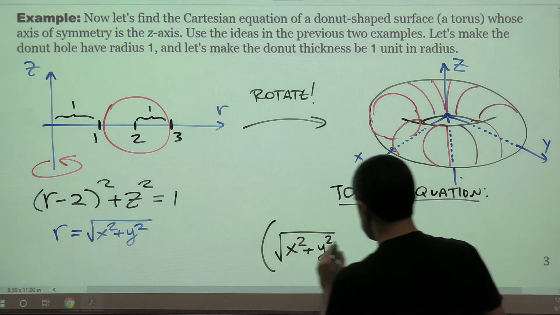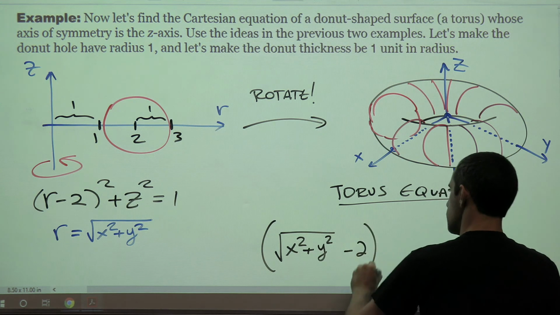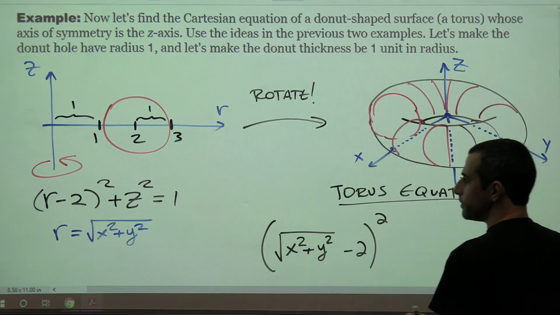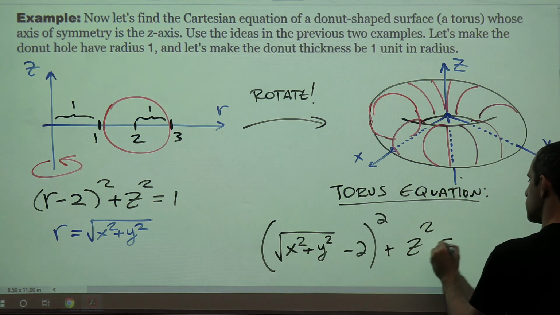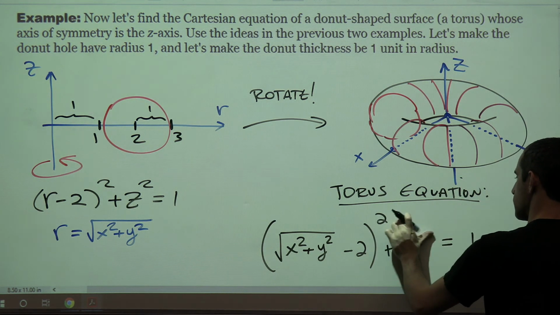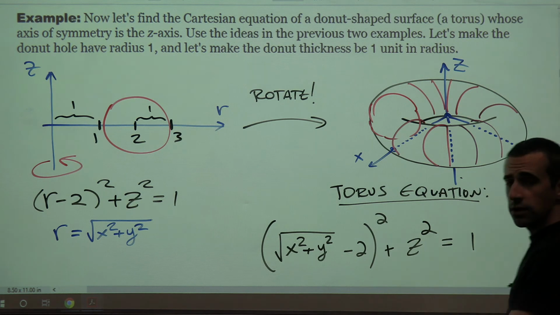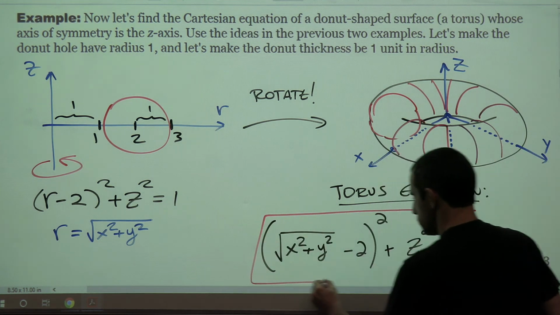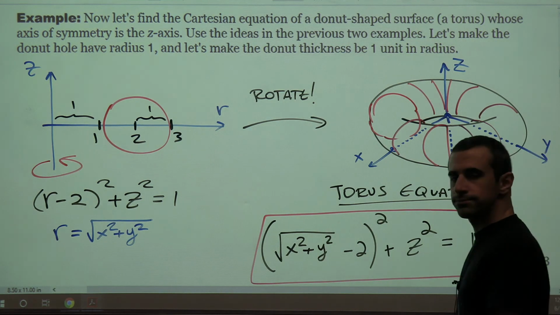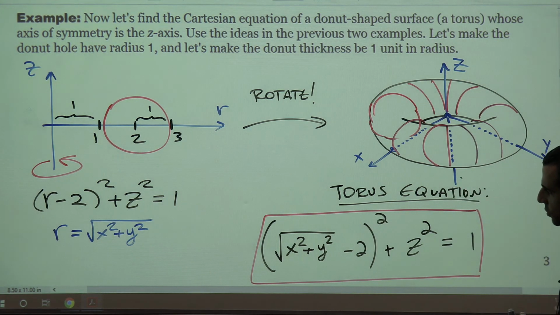And then we have the minus 2. And then close parentheses squared plus z squared equals 1. So in theory, when you graph it, it should look like a donut. That's the Cartesian equation of the torus.